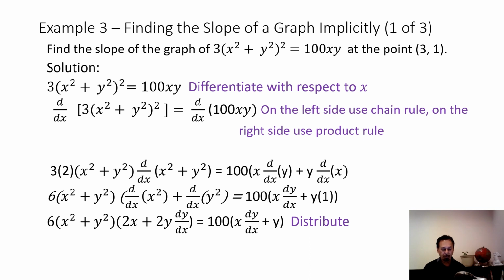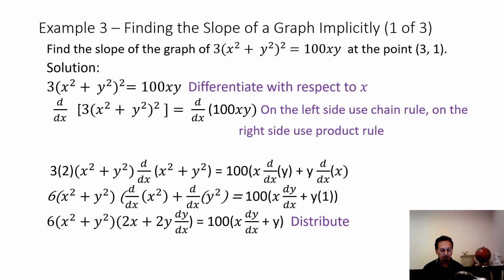So we have 3, bring down the power 2, multiply with 3, and this becomes x squared plus y squared to the power 1. But then multiply with the derivative of the inner function, x squared plus y squared, equals 100. Here we apply the product rule, so it becomes x times d over dx of y plus y times d over dx of x.